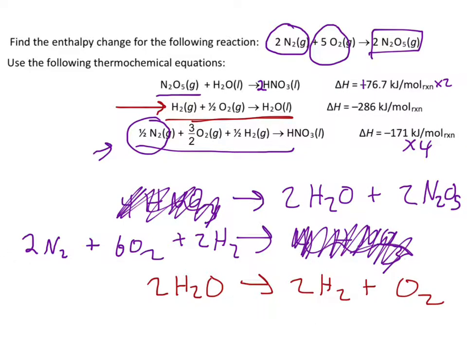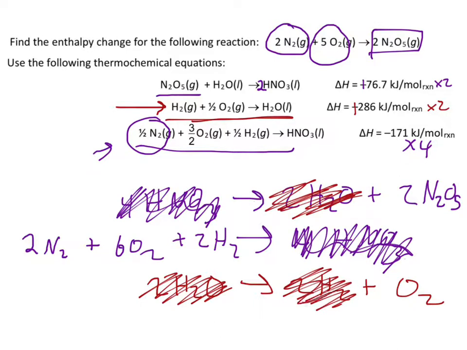And so we flipped it, so that becomes a positive, and we multiplied it by 2. And when we did that, notice how this works out very nicely. This cancels out with the water. The hydrogen gas molecules cancel out as well. And then notice how we have 6 oxygens here, we have 1 oxygen here.